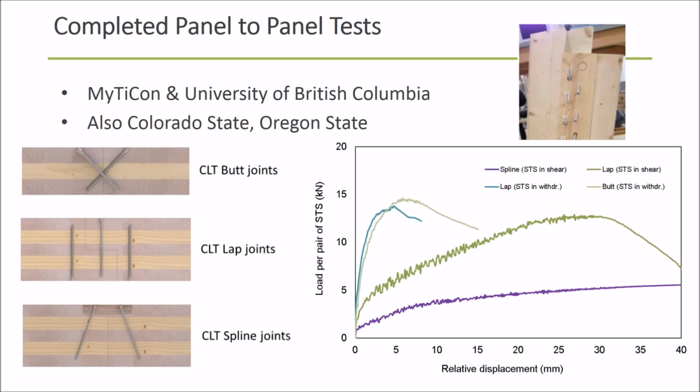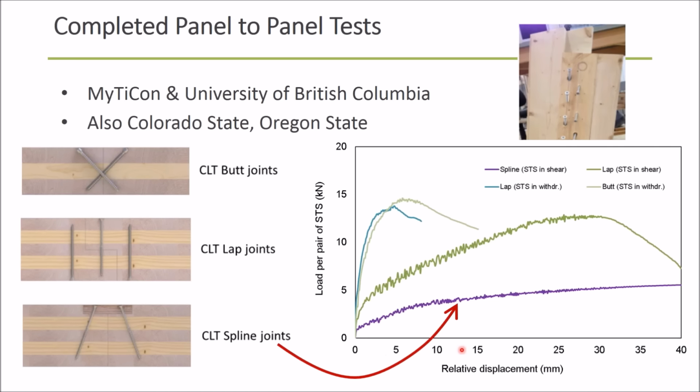So if we take those first two, this is the actual testing data from the UBC work. Look at this connection here. These screws are in pure dowel bearing for the shearing between the panels, and you get a connection that's very soft but very ductile. It has a softer start on the force deformation curve.